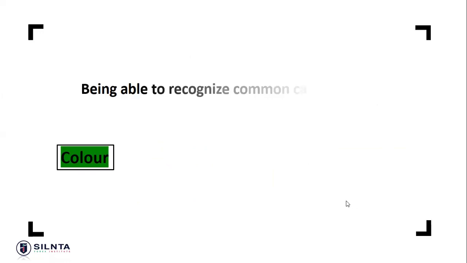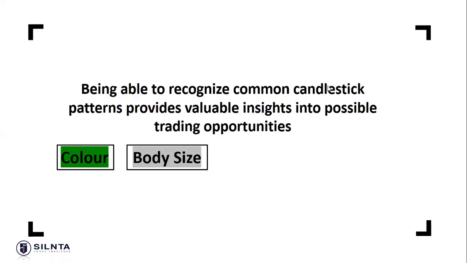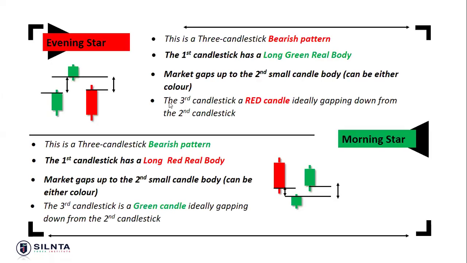Can you go back a bit? Sure. So in this case, you only consider the bodies when you talk about market gaps, not the shadows? Yes, you consider the body when we are referring to market gaps. But gaps usually happen with shadows also.